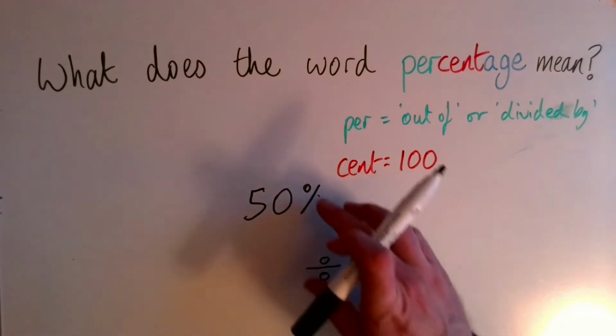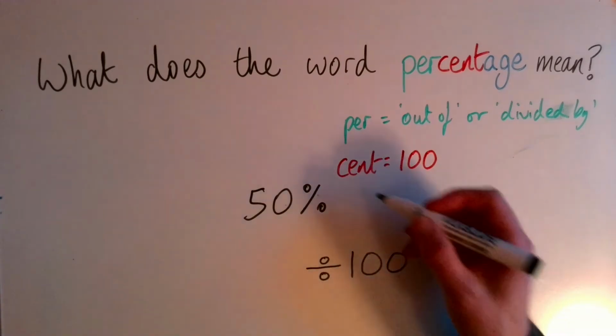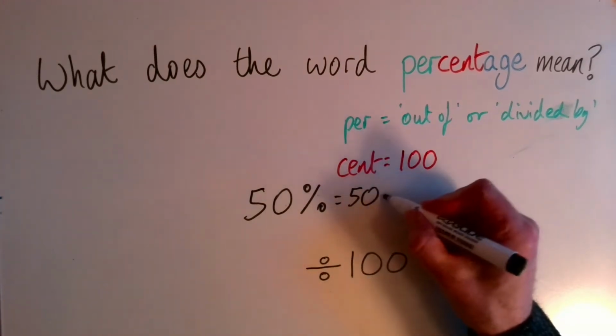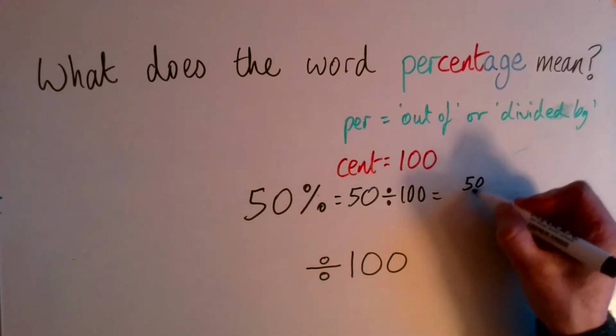So when you say 50%, you're actually saying 50 divided by 100, or 50 over 100. So we could say 50% equals 50 divided by 100, which we could write as a fraction.